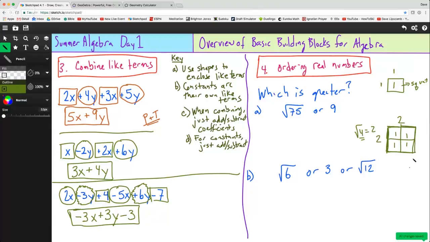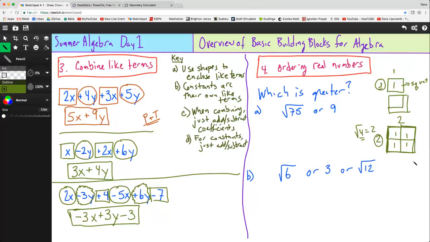So let's think about this. If this is 1 square unit and it has a side of 1, and this is 4 square units and that has a side of 2, then if we had a box that has a square units of, say, 2, right?